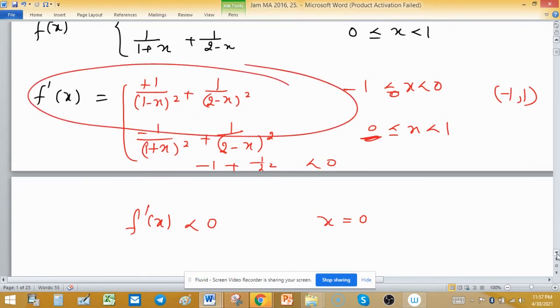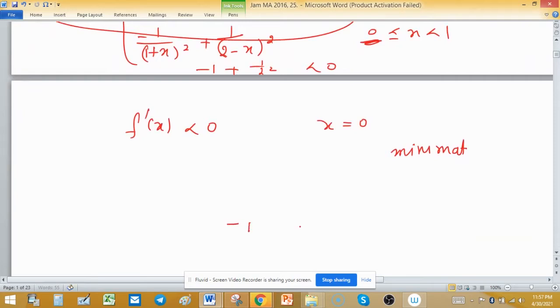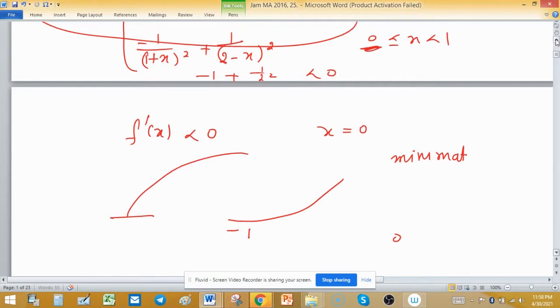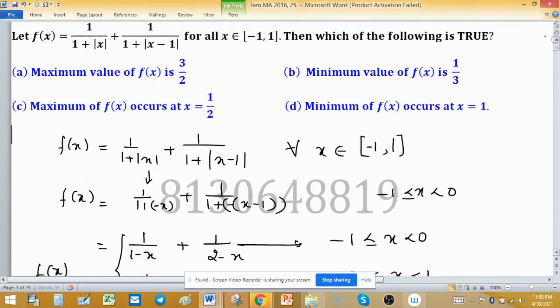It means, because the function is increasing from -1 to 0, the minimum value will exist at this point. If a function has monotonic behavior, then the function has its minimum value at -1.